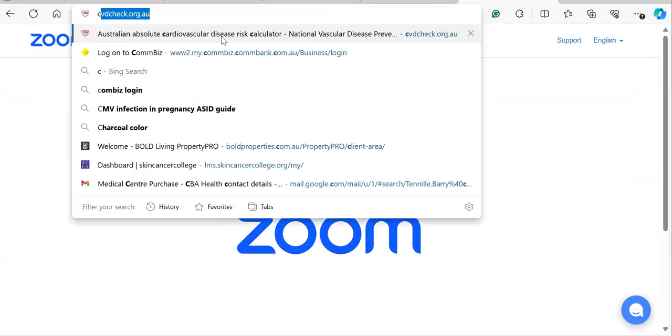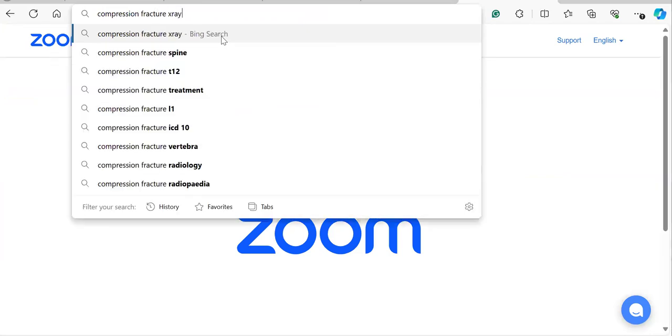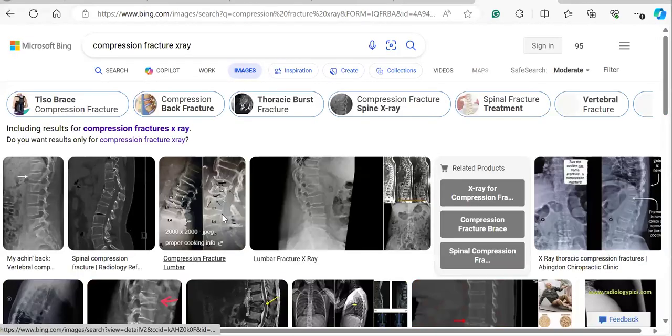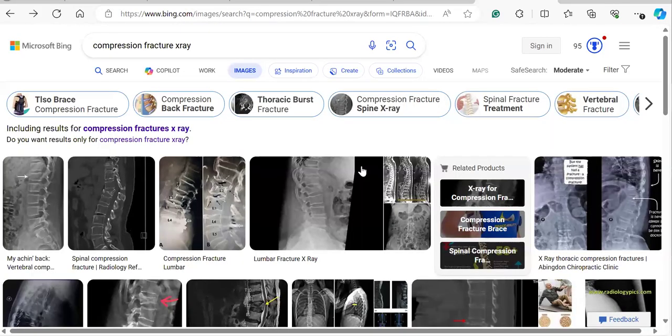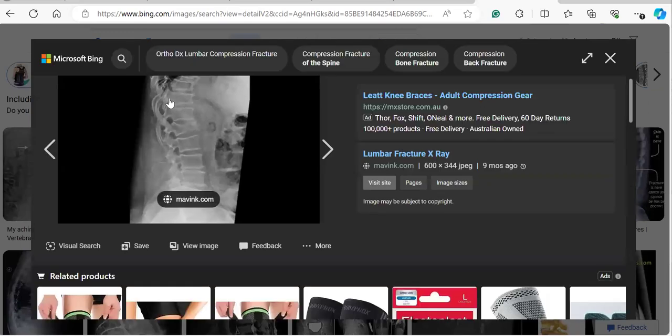So how does a compression fracture look on X-ray? If you look over here, you can see very easily.